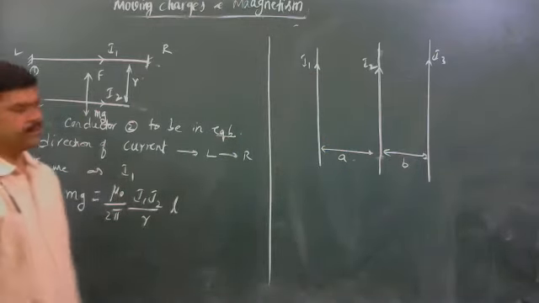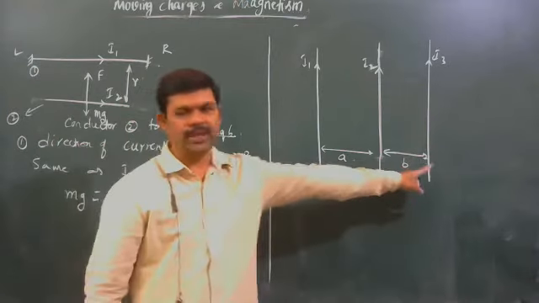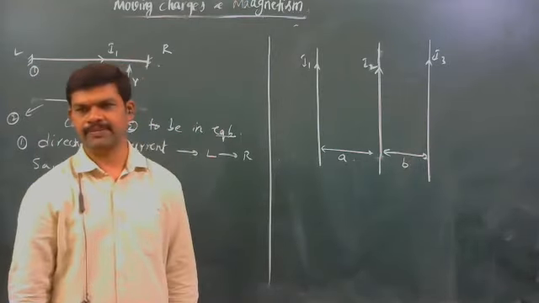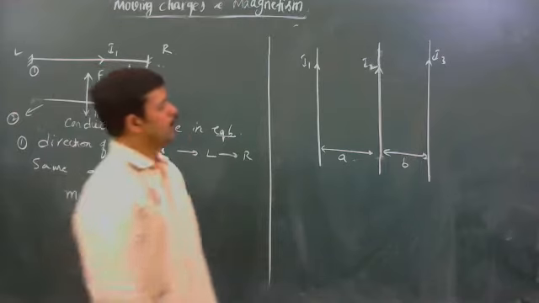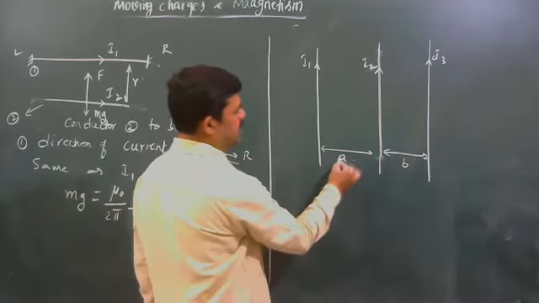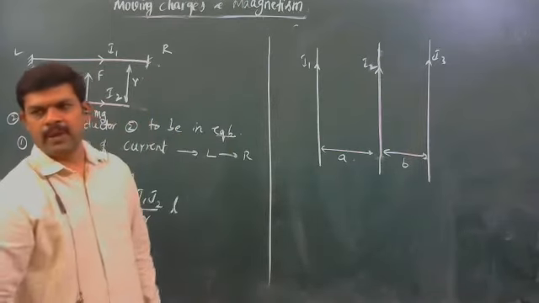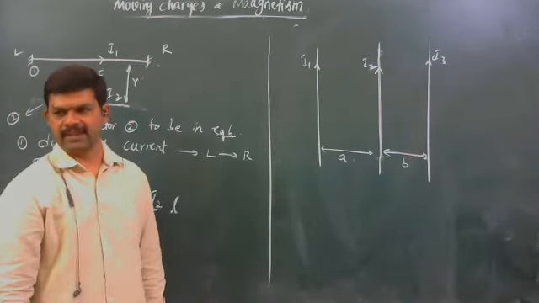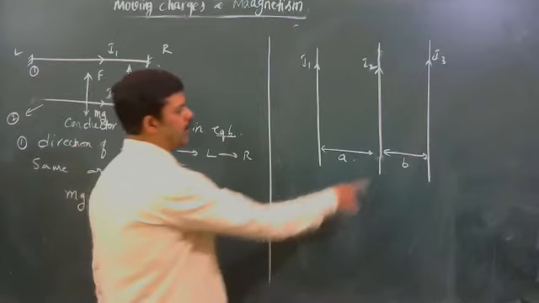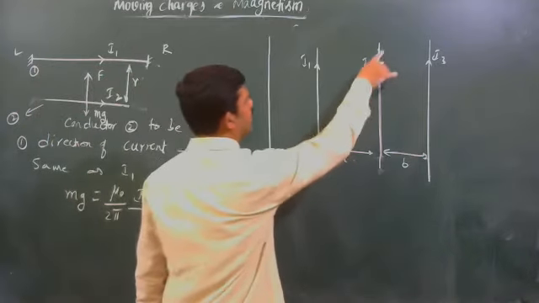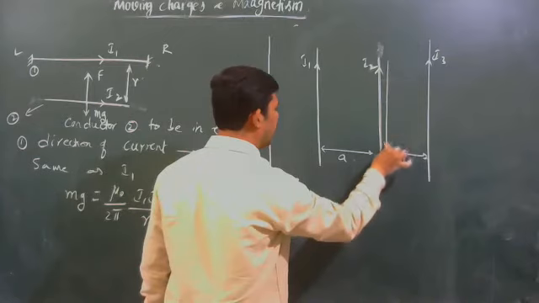There are three conductors. Between these two, the distance is A. Between these two, the distance is B. What is the force per unit length on the middle conductor, if its length is L?